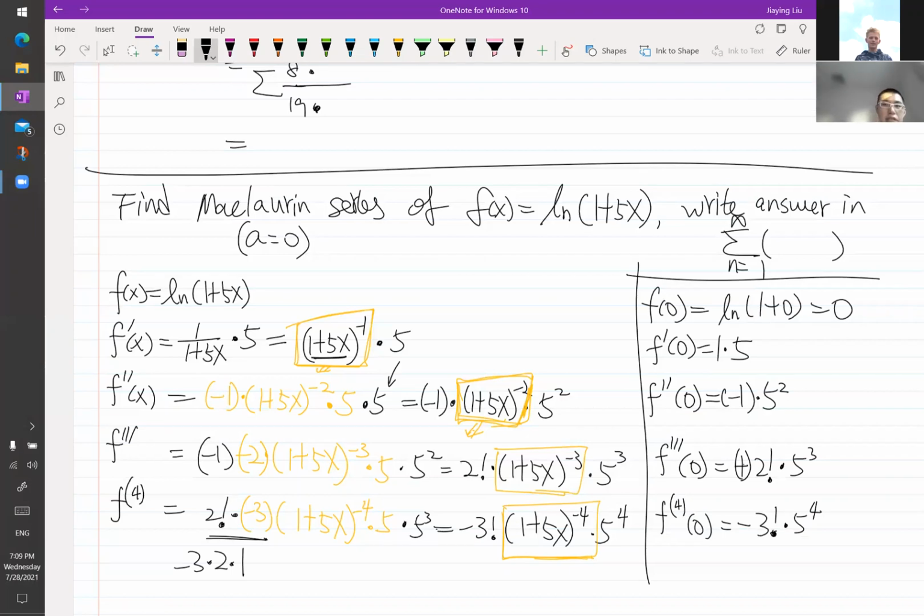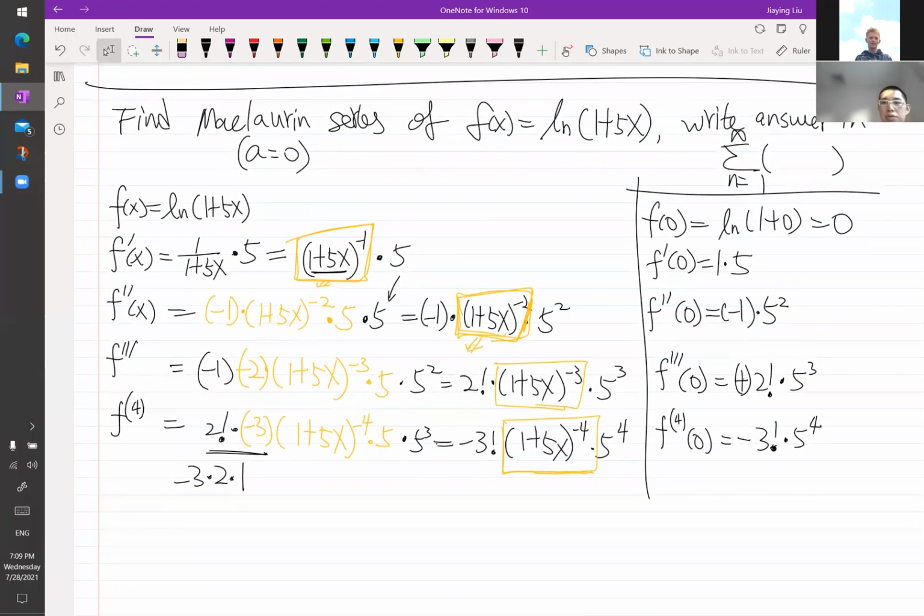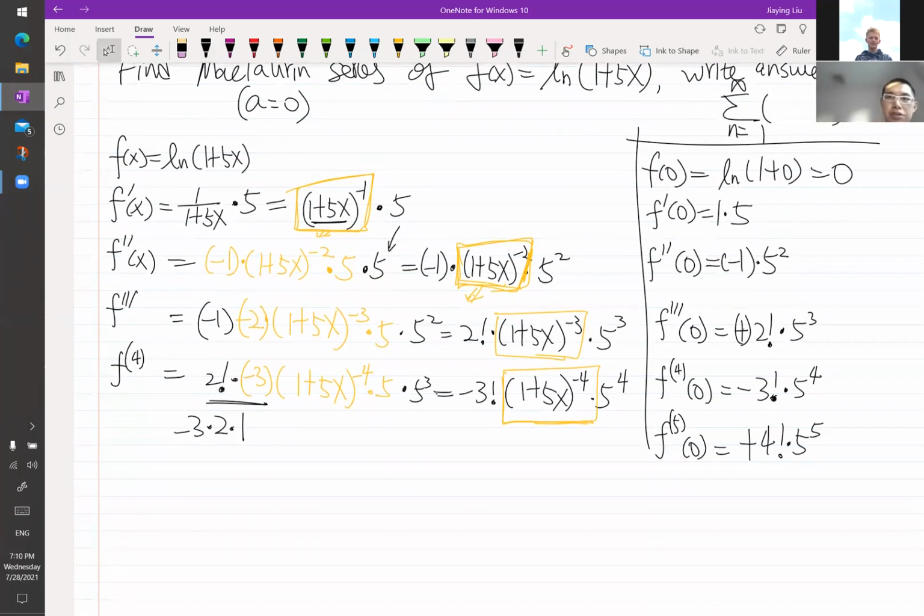I can continue this; I don't even have to take the derivative. If I follow this pattern, the 5th derivative value at 0 will be positive 4 factorial, 5 to the 5th power, and so on. So now I'm going to take this and put it in expanded form, or there are a couple of directions you could go.